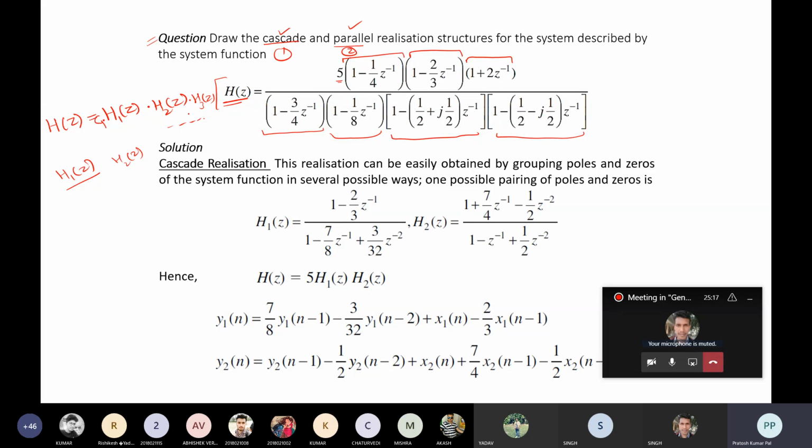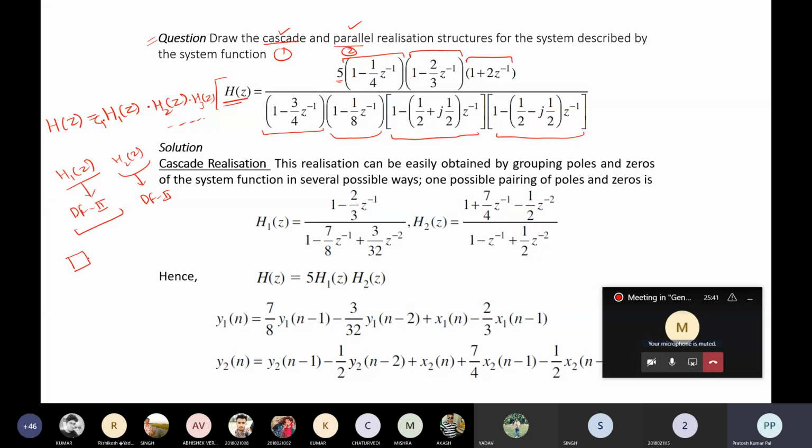In the cascade, once we have H1 of z, we will realize it in the form of direct form 2. This H1 of z we have selected will be realized in direct form 2, and all the others will again be realized by direct form 2, and all are just cascaded.